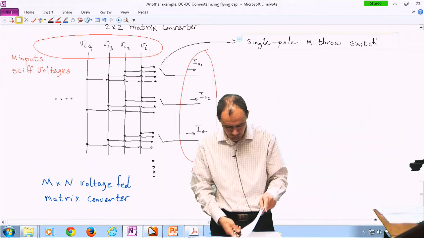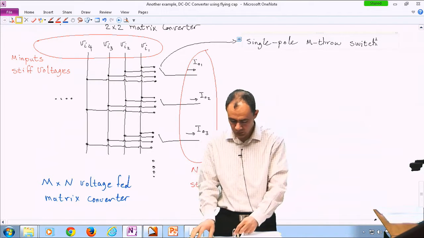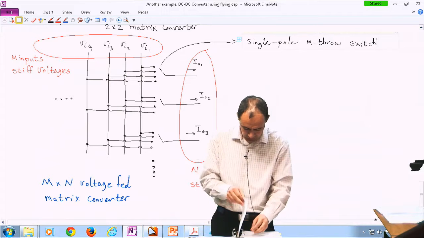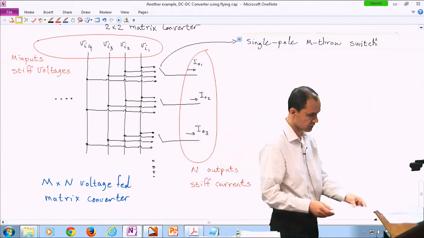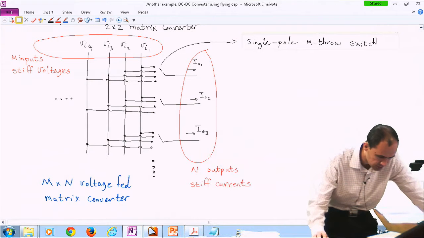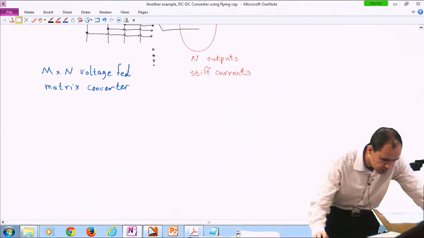This doesn't look a lot like a matrix, but I'm going to redraw this and make sure that it looks like a matrix. It somehow looks like a matrix anyway, but let me just redraw this.